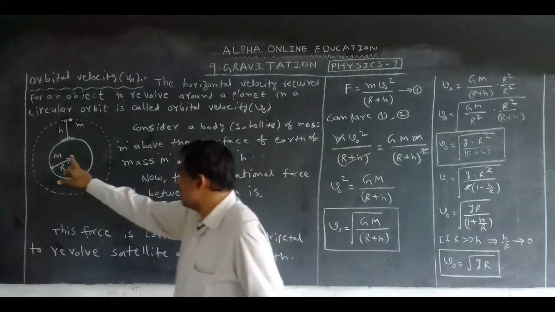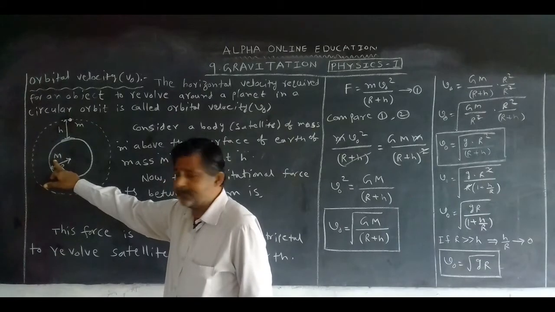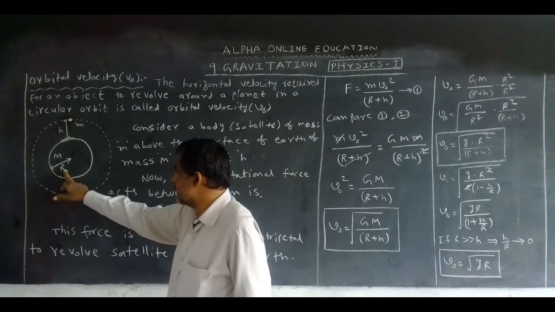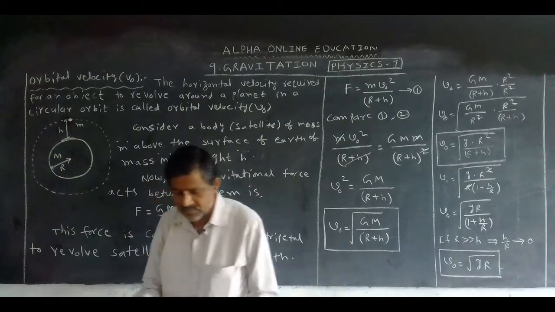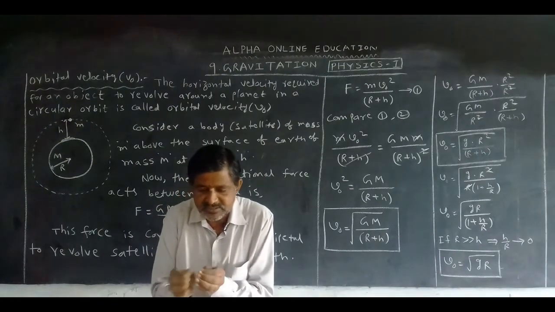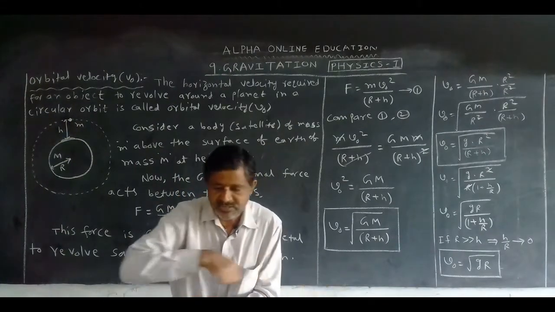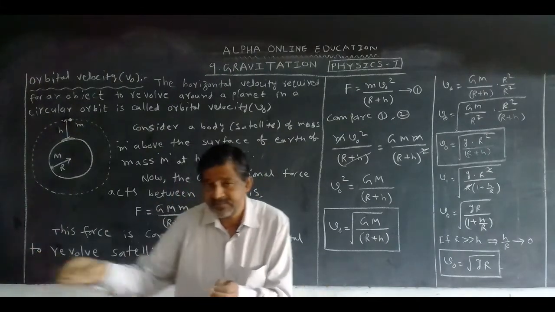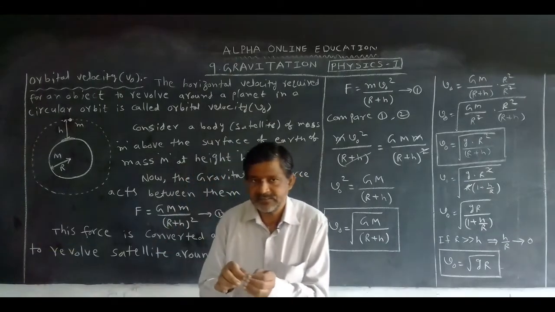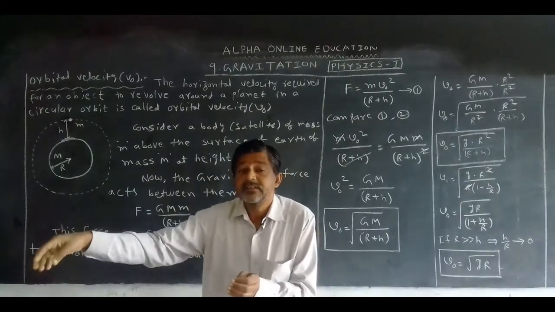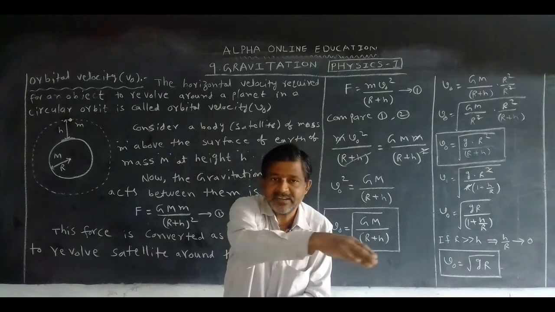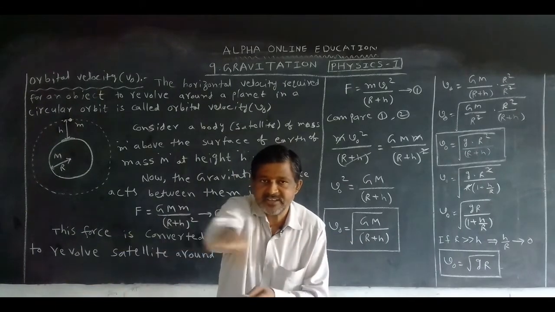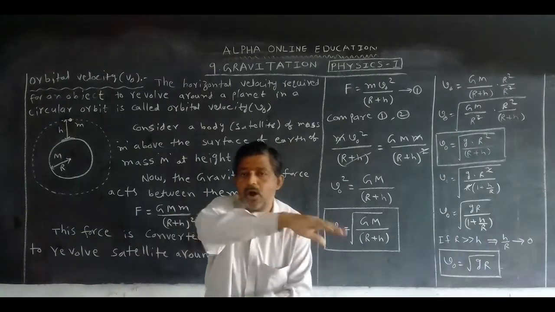Now this is the earth, mass is M, radius is R. Around the earth at height h, a mass m revolves in a circular orbit.